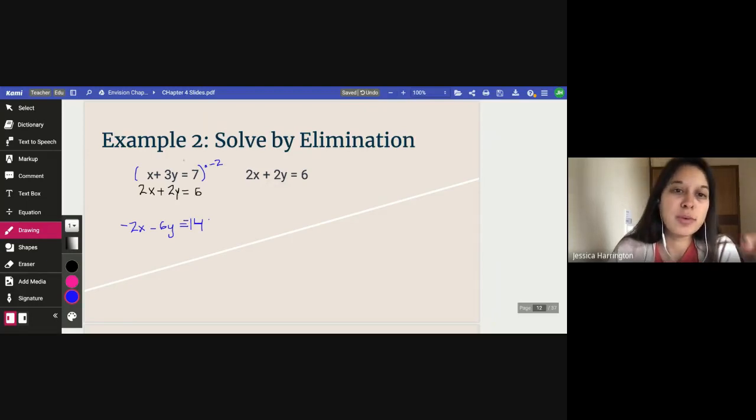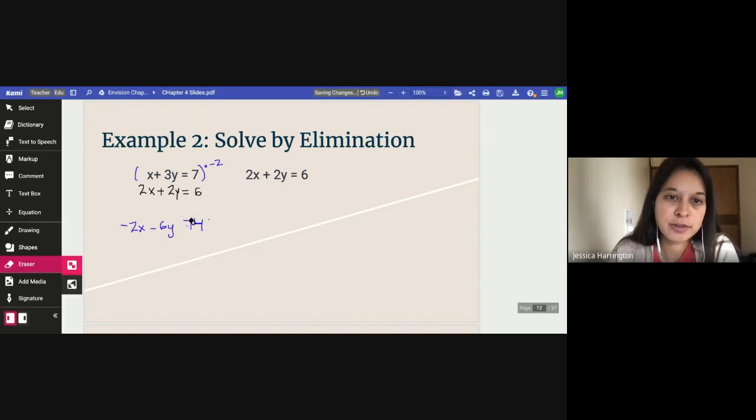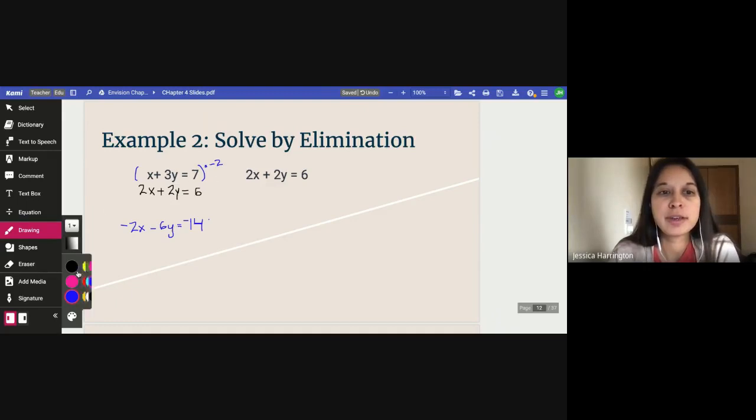So all I've done is rewrite that first equation using this times -2 multiplication factor. And now what I'm going to do is rewrite that second one underneath it. I didn't do anything to that one. Okay, and now my equation is set up nice and easy so I can use elimination, right?